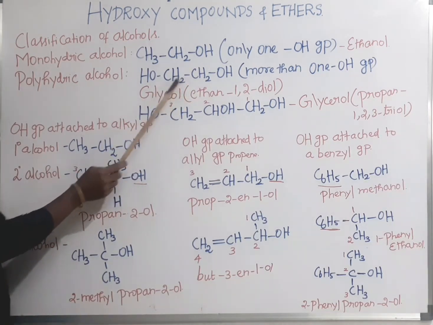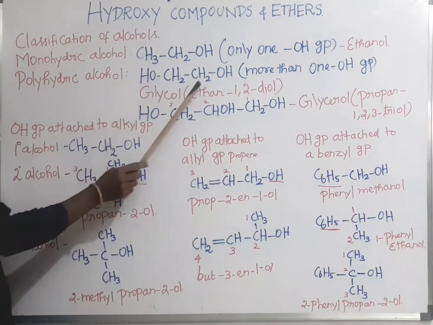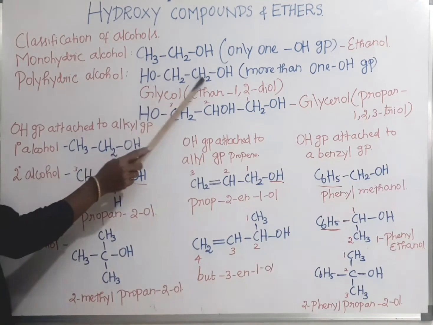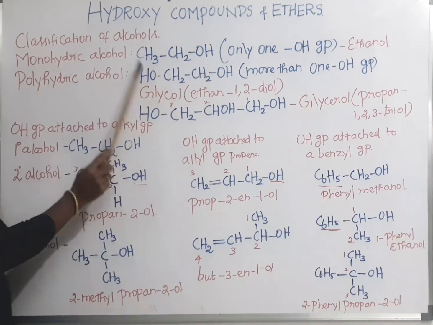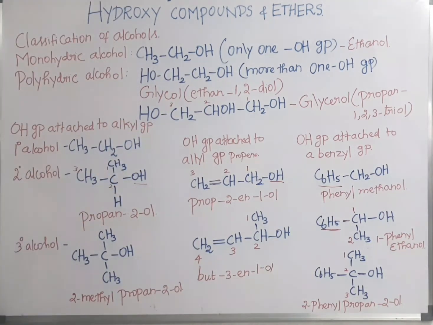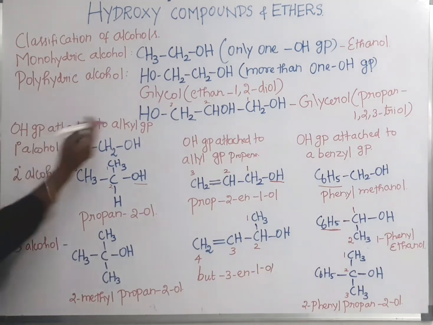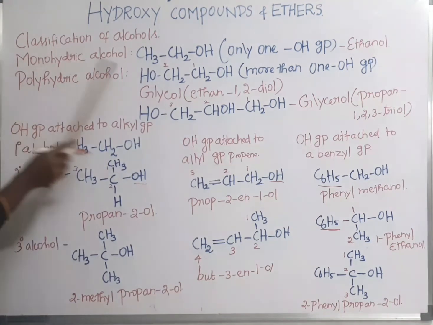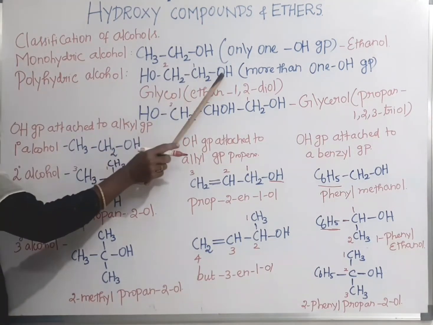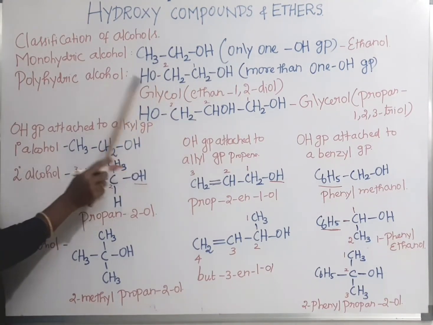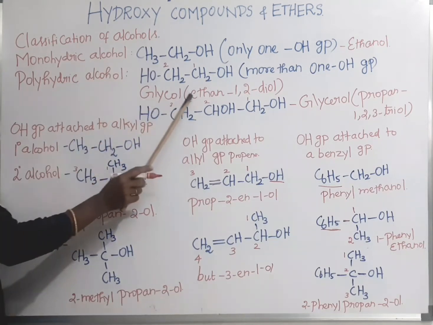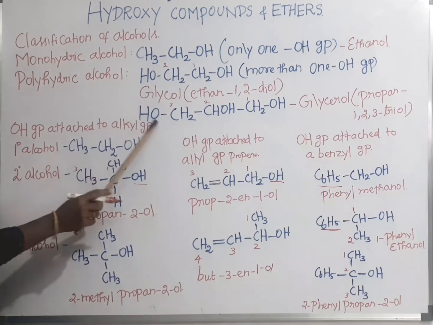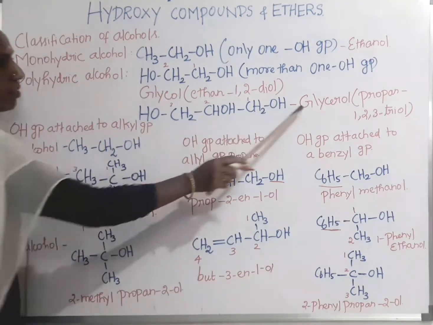So one hydrogen on each carbon is replaced by one hydroxy group. Ethane-1,2-diol: this one is the first carbon, this one is the second carbon, each with one alcoholic group.